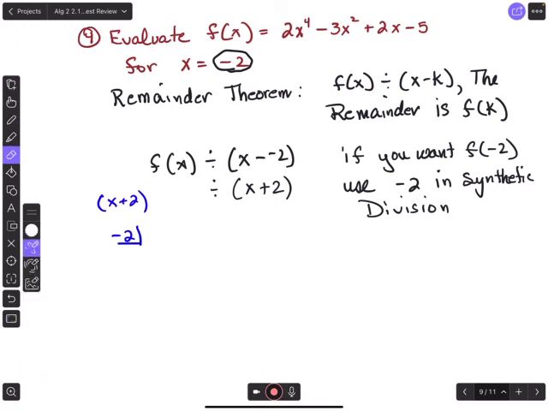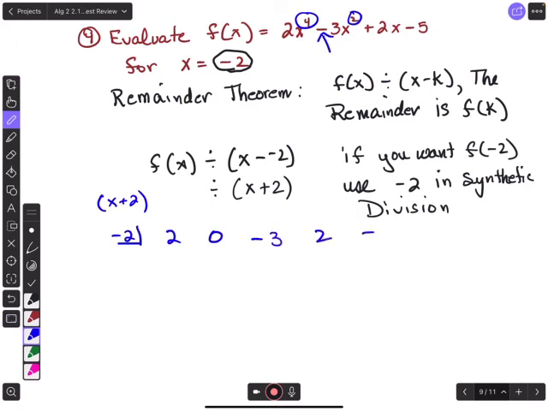Then we just have to write down our coefficients. This is so much quicker than substitution. Be careful. There are no x cubes, so we got to put a 0 in. See, there's no x cubed. We go from 4 to 2, so we got to put a 0 for x cubed, then minus 3, 2, negative 5, and we do our division. 2, negative 4, oops, negative 4.